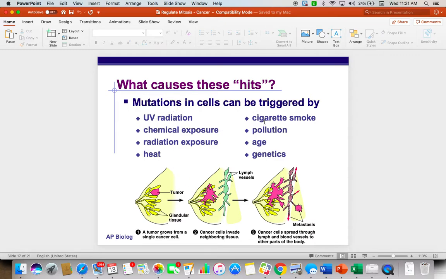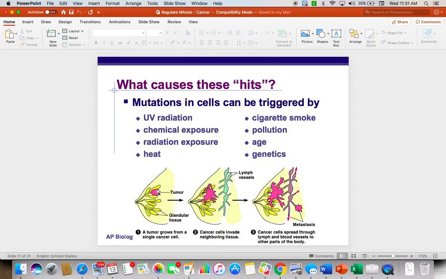Cancer can be caused by all of these things up here, okay? And these are called carcinogens. And you see, cigarette smoke literally has been linked to every single type of cancer that exists. Of course, you've probably heard of UV radiation from the sun, radiation, just from chemicals and things like that, your age, all kinds of things, genetics.